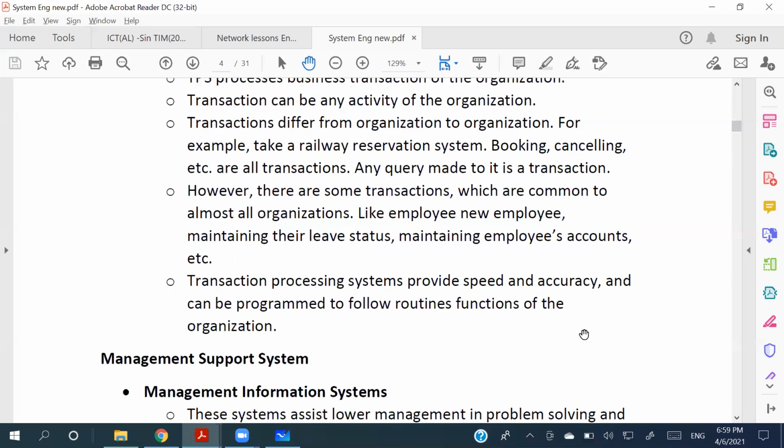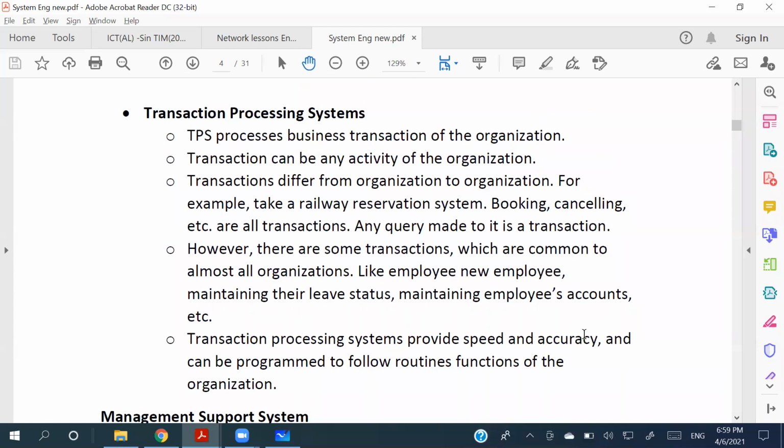Now, when it comes to a transaction processing system, again we are talking about a particular organization, and particularly we are going to talk about the transactions which can happen inside an organization. The term transaction defines different kinds of things.